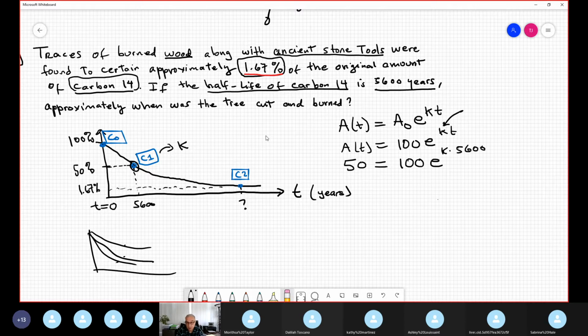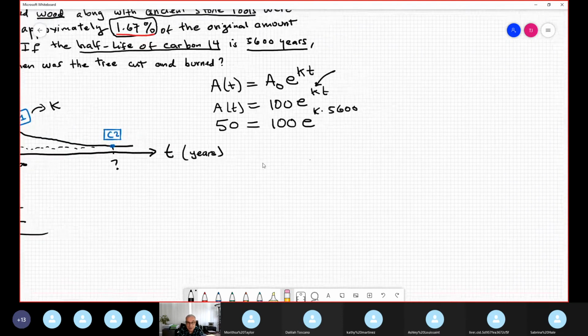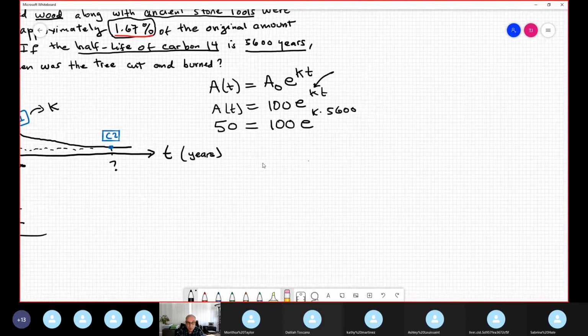In this exponential equation, the only unknown that we have is k. Okay, you divide by 100, both sides. It's obvious that this is 1/2 when you reduce to lowest terms, exponential 5600k. In this case, you apply logarithm.